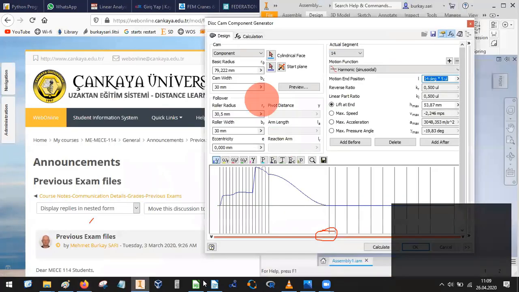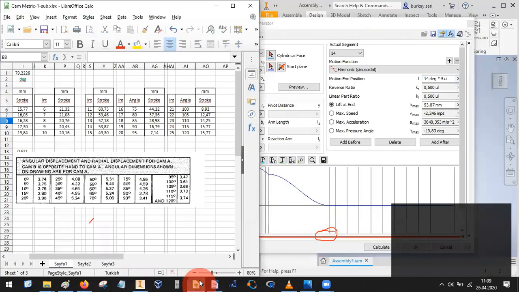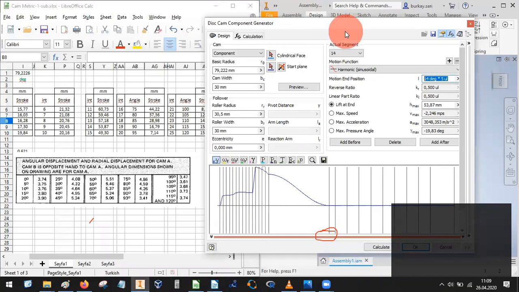Okay, let's go back to the CAM design again.